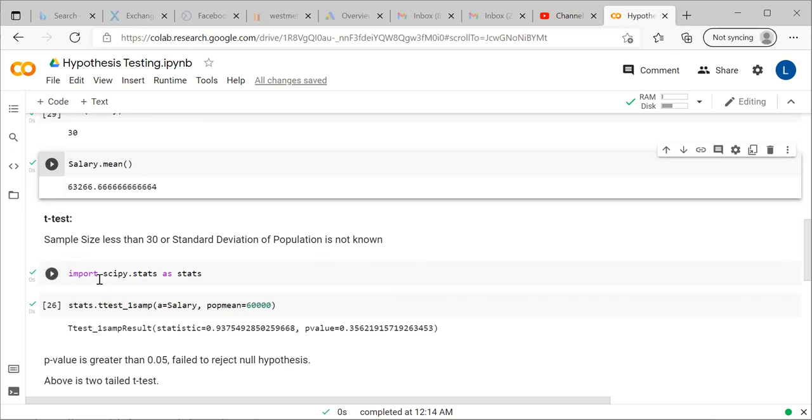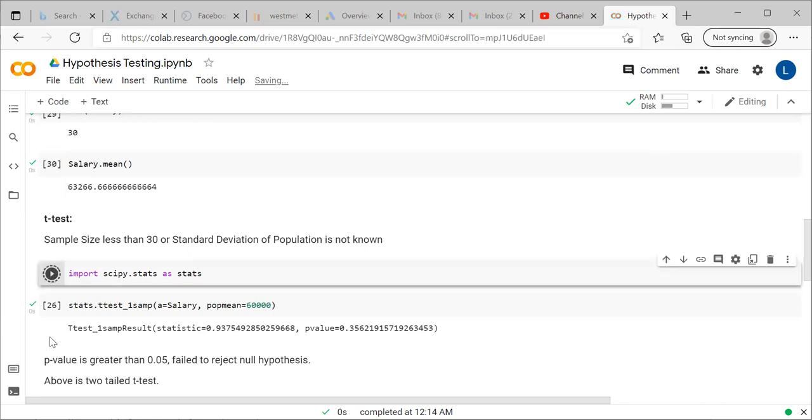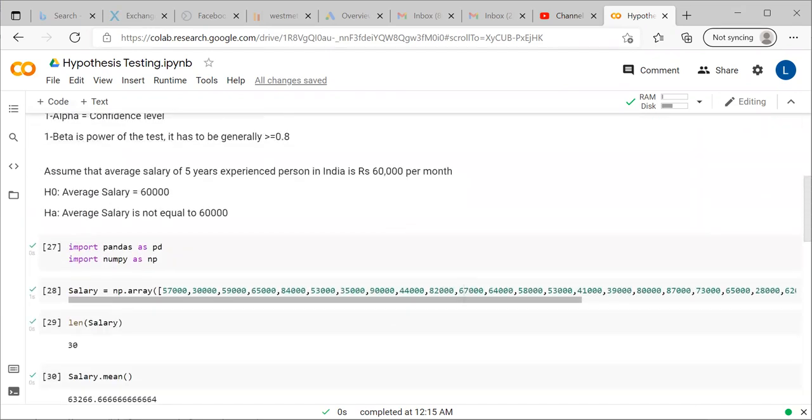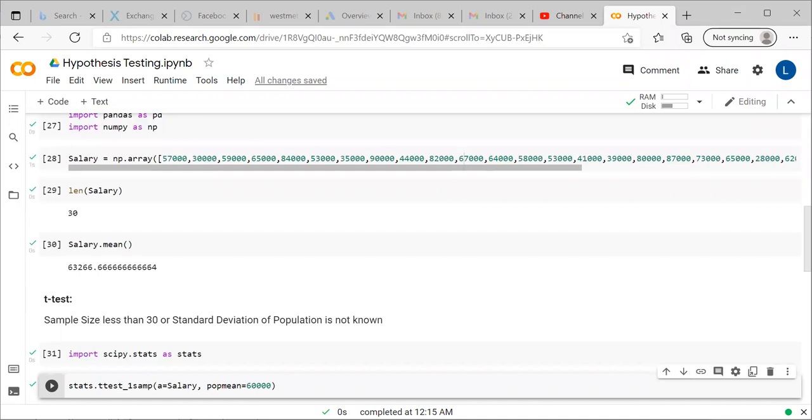So for that, you have to import scipy.stats, the package. We are giving it the short name stats. So import that package, and the next code you have to run is stats, the short form of scipy.stats, dot ttest underscore 1samp. Right now I'm going to explain one sample t-test, because we have taken only one sample across the whole population of India whose professional experience is 5 years.